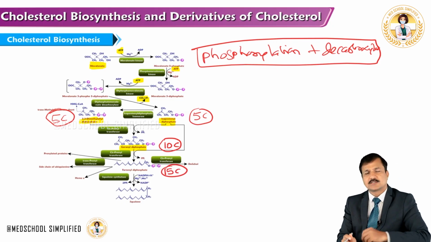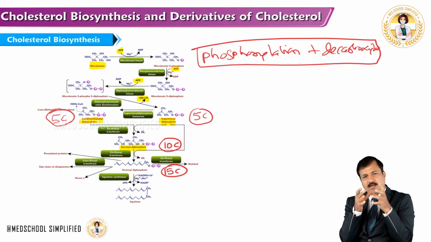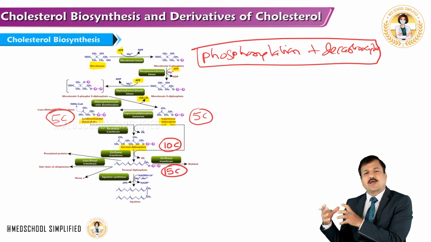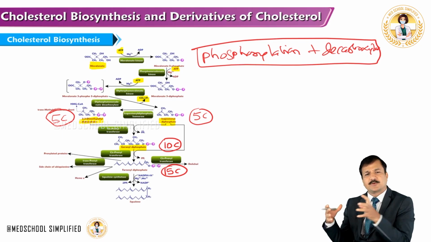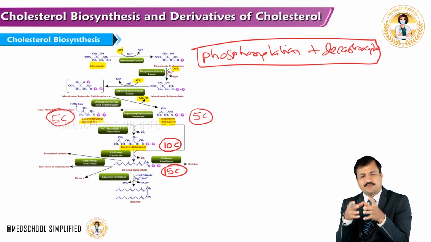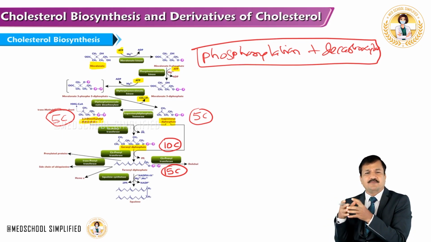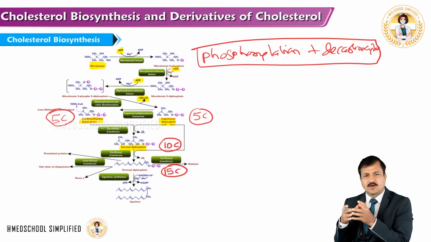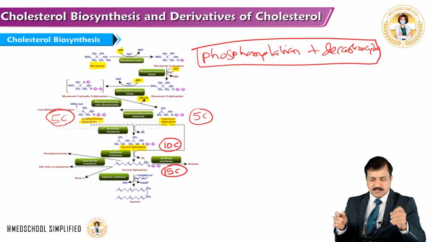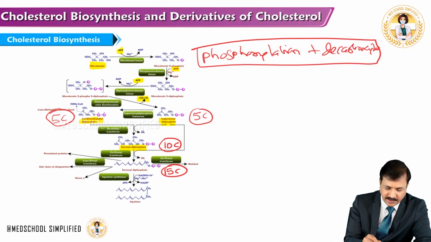Why? Because the 10-carbon geranyl diphosphate combining with 5-carbon isopentenyl diphosphate together gives 15-carbon farnesyl diphosphate or farnesyl pyrophosphate, either way you can call it. So here it is, farnesyl diphosphate.